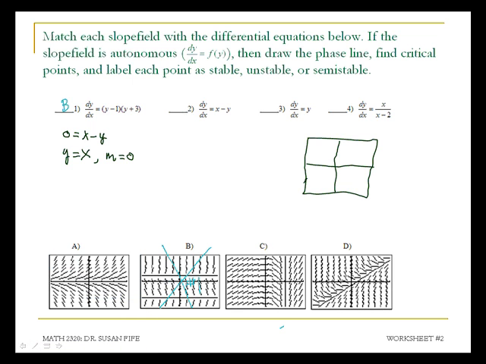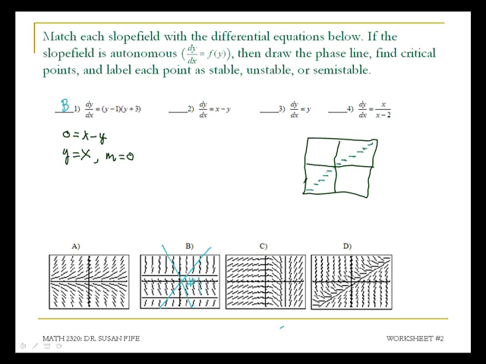I know that where y is equal to x is this line that separates the first quadrant and the third quadrant in half, and so along this line I'm going to have a slope of 0. So I'll do some little horizontal line segments. That's where my slope is 0.